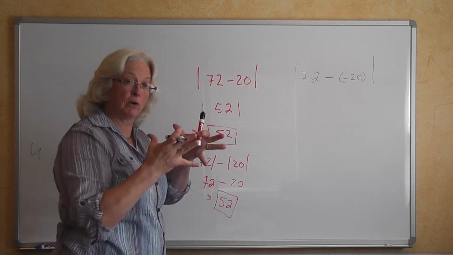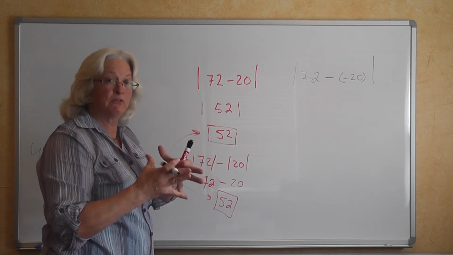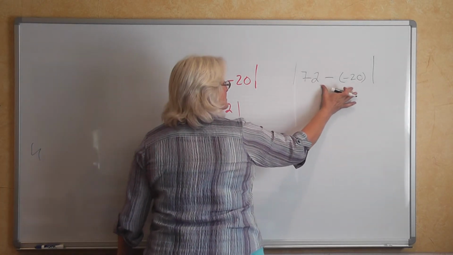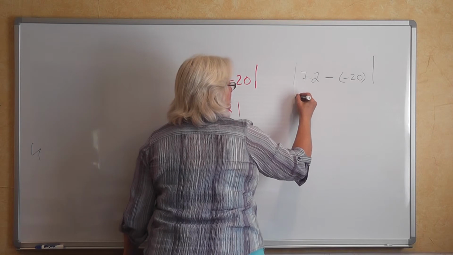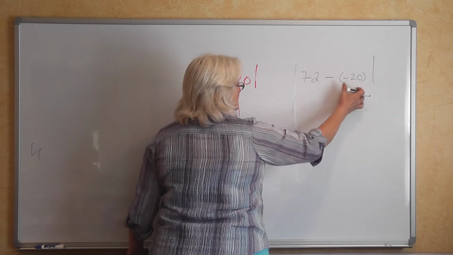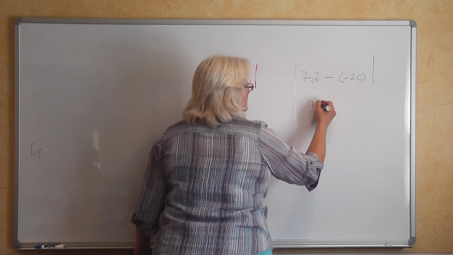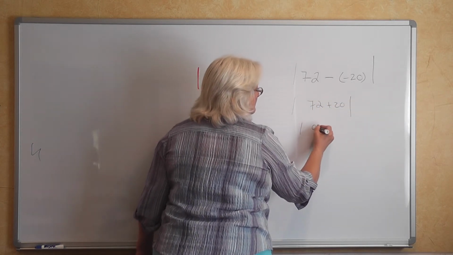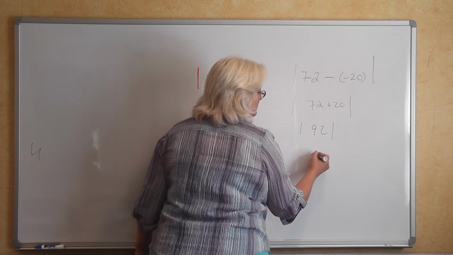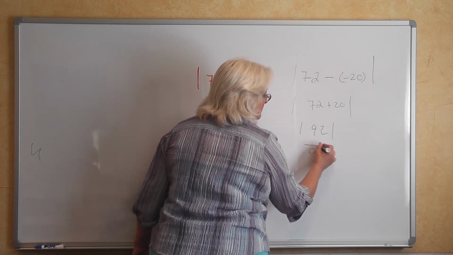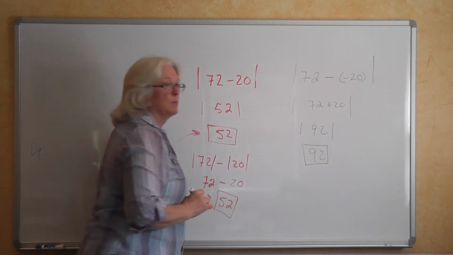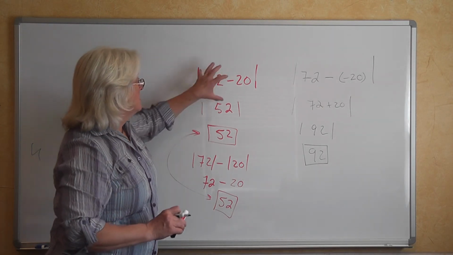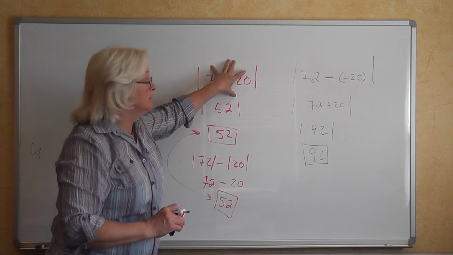Well, remember, our absolute value bars have to function as if they were parentheses. So we're going to perform this operation inside here. 72 minus a negative 20 is 72 plus 20, absolute value of 92, which gives us 92 as our answer.